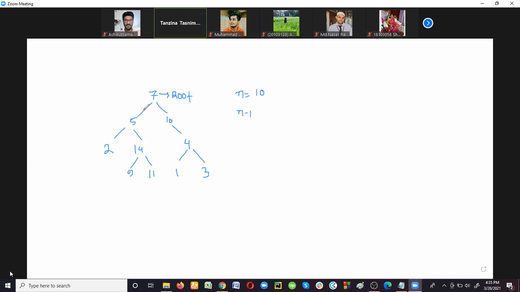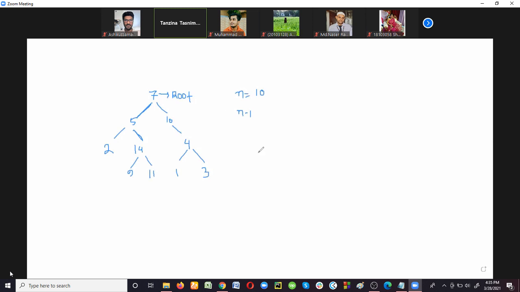The link between two nodes is called an edge, right? This link connects two nodes, 7 and 5, and in the same way this link connects 5 with 14. So for n nodes, we need n minus 1 edges.